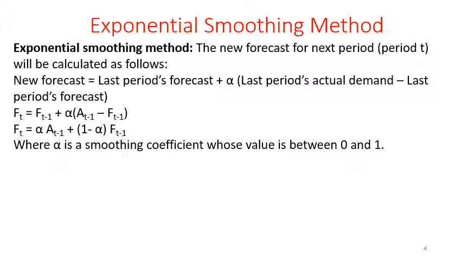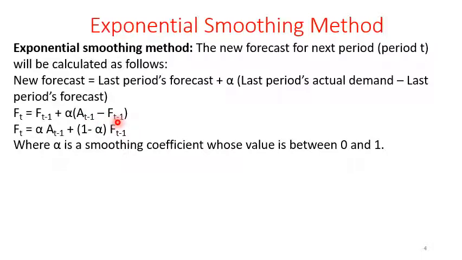You can see here the same equation, Ft equals Ft minus 1 plus alpha into At minus 1 minus Ft minus 1, is rewritten as Ft equals alpha At minus 1 plus 1 minus alpha Ft minus 1. When I rearrange this equation, Ft is equal to Ft minus 1 plus alpha into At minus 1 minus alpha into Ft minus 1.